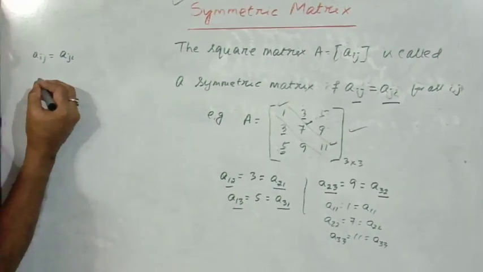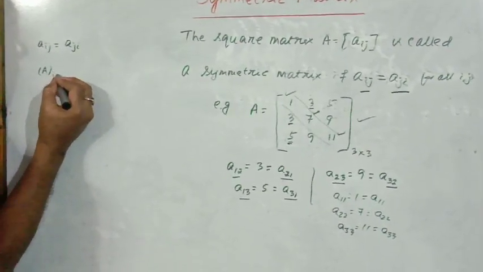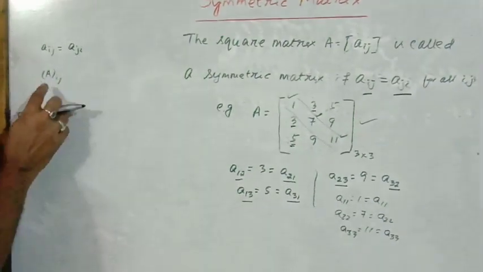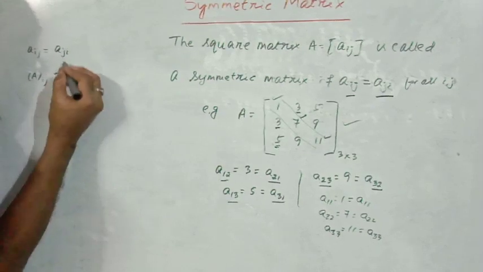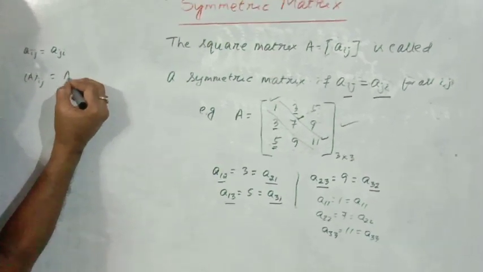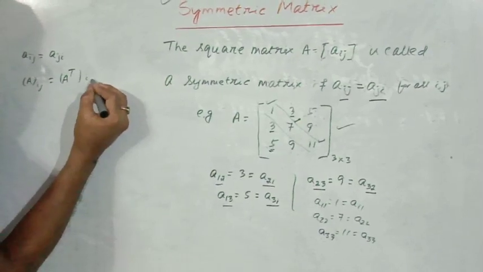So Aij is the ijth element of the matrix A. And what is Aji? That is the ijth element of A transpose.